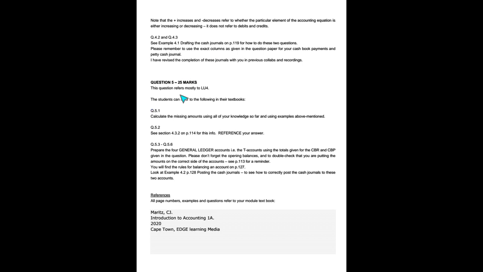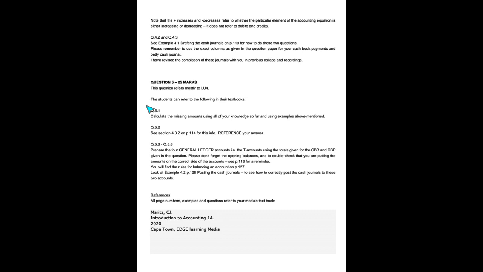And then the last question, for 25 marks, is also Learning Unit 4, recording cash transactions. For question 5.1, they have given you the month-end totals line of the cash book receipts and the cash book payments of the business.